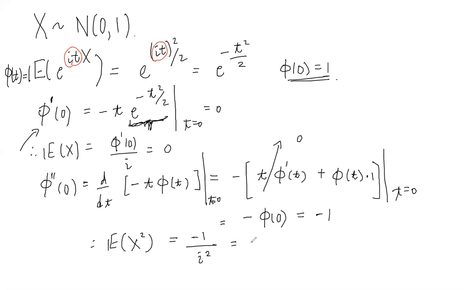That gives you 1 because i squared is minus 1. So the second moment is 1, which is correct because our variance is 1. Your mean is 0, so your second moment is equal to the variance. So actually, it's quite easy to use.